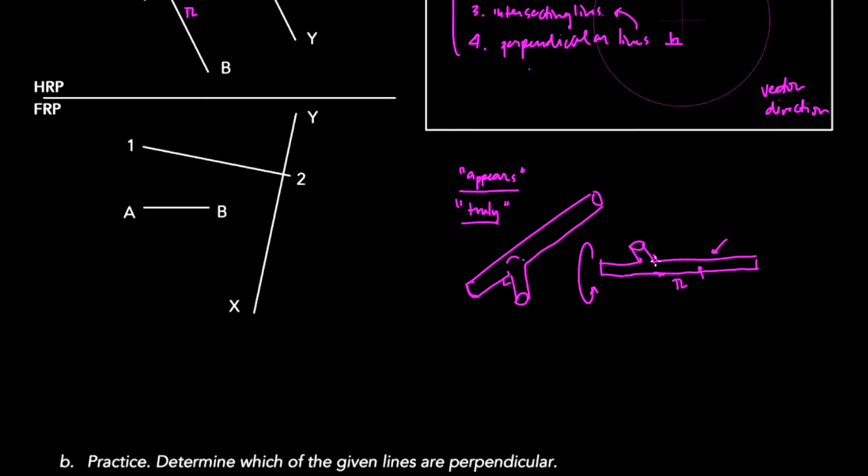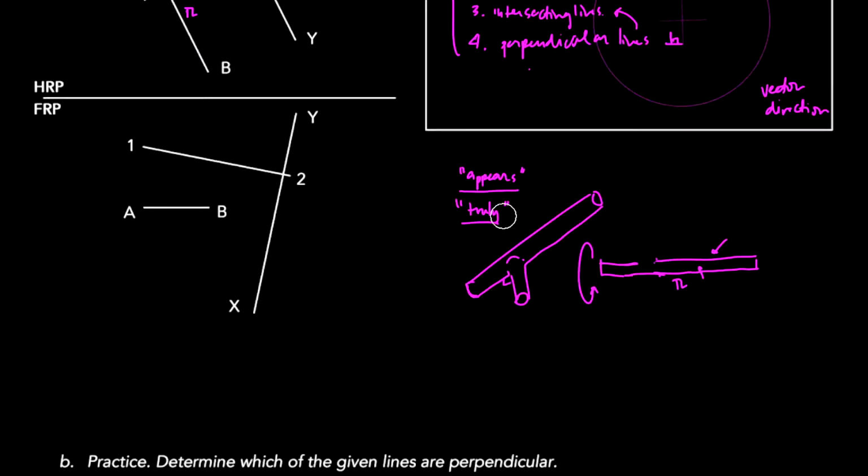Pwede ngang naka-coincide na siya. Tama? Any rotation na gawin ko, as long as true length to, never siya mapapakita na perpendicular yung long side and the short side. Okay?